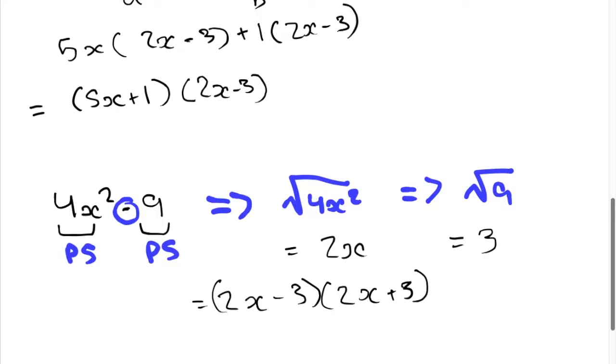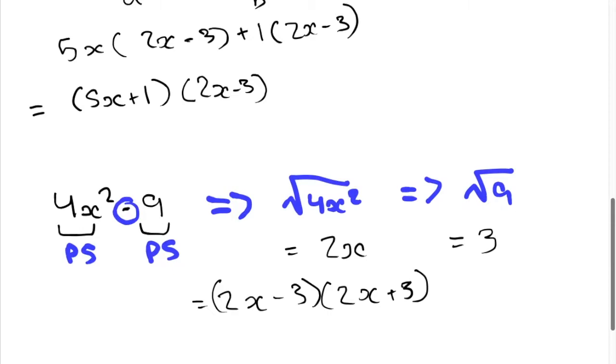And that is how you factor a difference of squares. It's actually really simple, because if you expand it, you'll notice that the middle term, b, which is not there, cancels out, because negative 6x and positive 6x cancel each other out, leaving us with only 4x squared and negative 9. So that's how you factor a difference of squares.